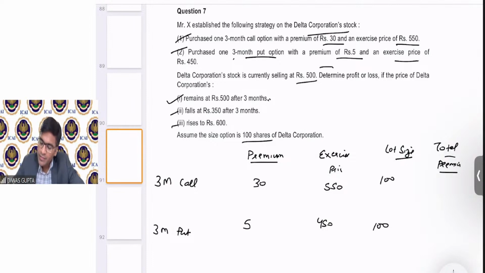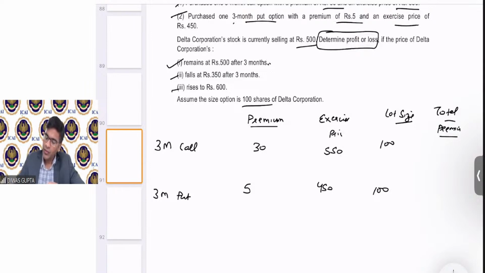So first of all, students, we are asked to calculate the profit or loss. Simple. First we need to calculate the premium that we have paid today. As far as our investment today is concerned, we will have to invest an amount equivalent to the premium today.